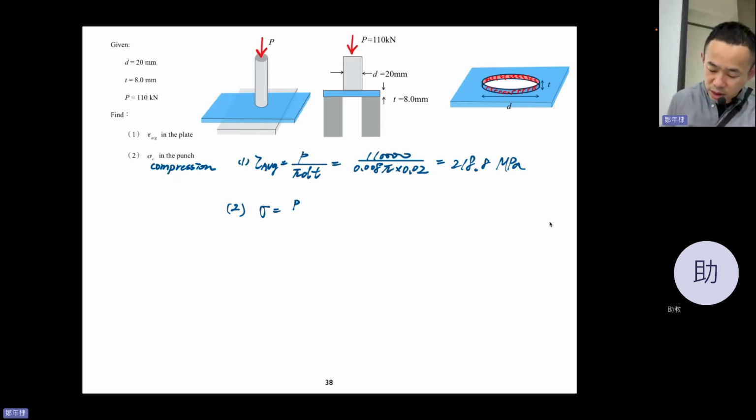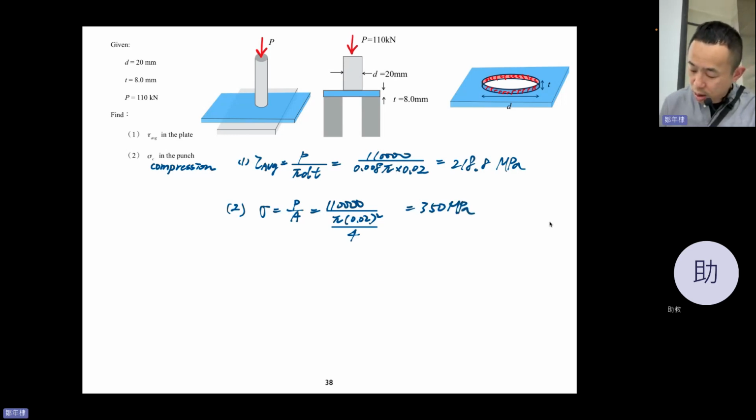Sigma equals P divided by A, equals 11000 divided by pi times 0.02 squared over 4, which is about 35 MPa. Okay, that's it. Easy.